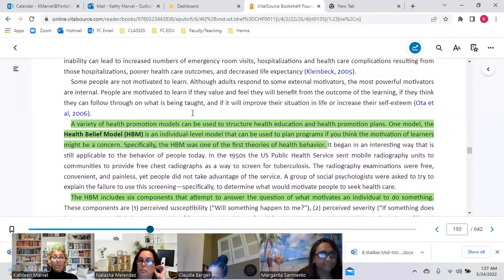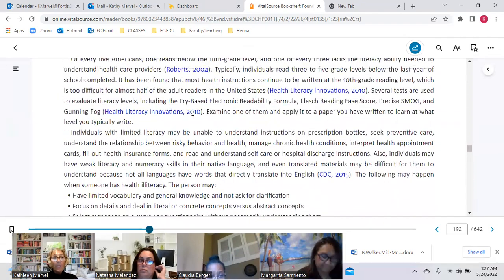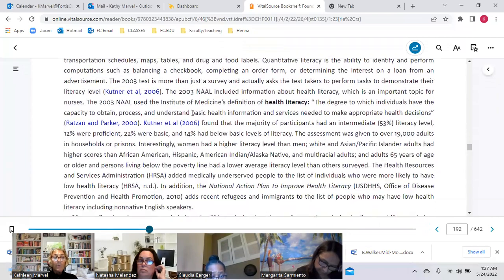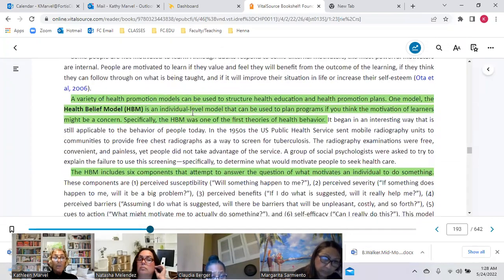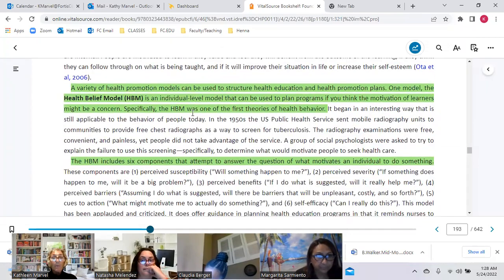There are 2 education models that we can use to teach. One is called the health belief model. These are health promotion teaching models.